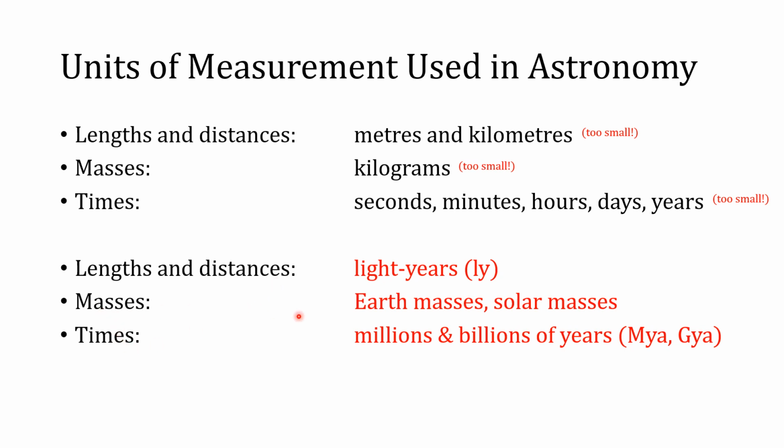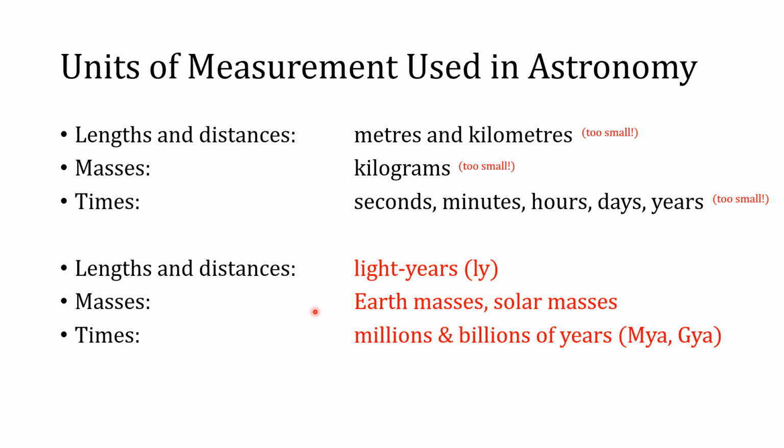For masses, the common units that we use to describe how much material is contained in an object, or for simplicity's sake, how heavy an object is, we talk about, like, if you could multiply the Earth a bunch of times, how many Earths would you need to clone to have an equivalent amount of mass?